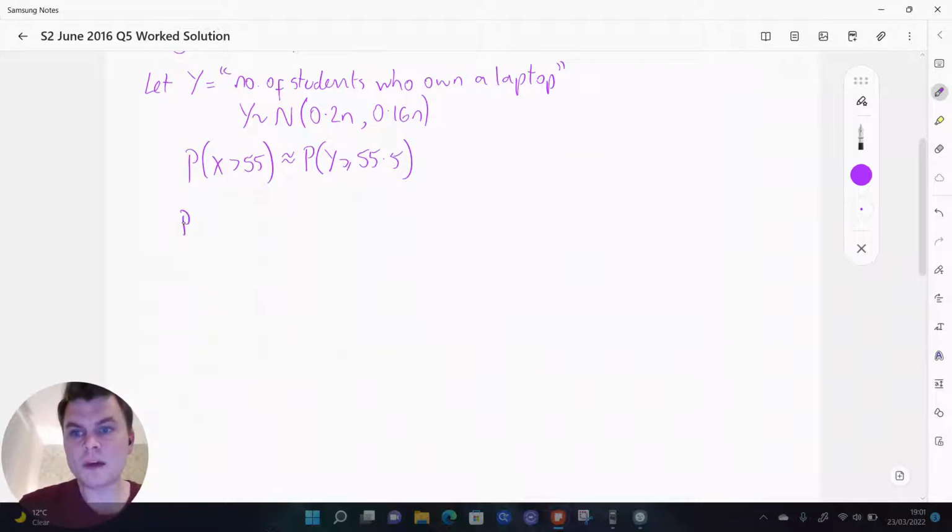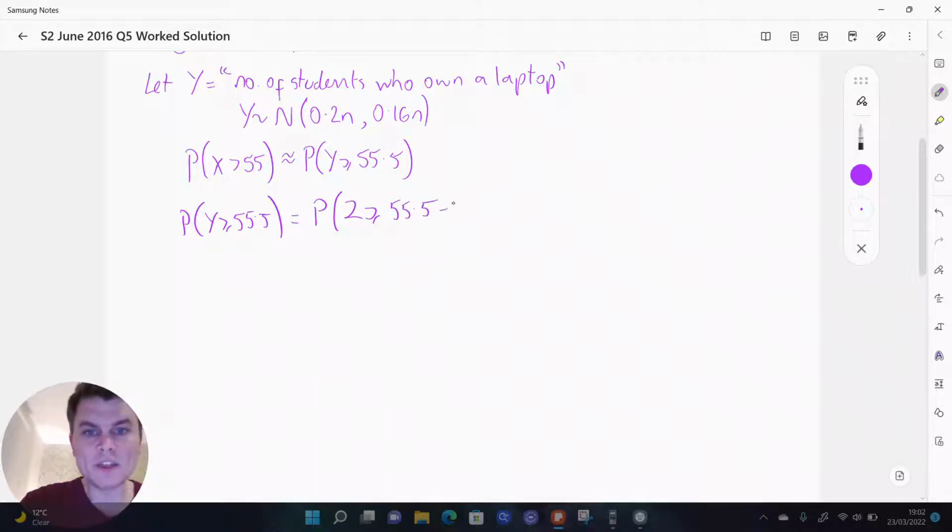Now, when we try and write that probability, because we don't know what our mean and our variance are, we need to use the standard normal distribution. And the standard normal distribution, as you know, involves Z now being greater than, and we write down our number for Y, which is 55.5.